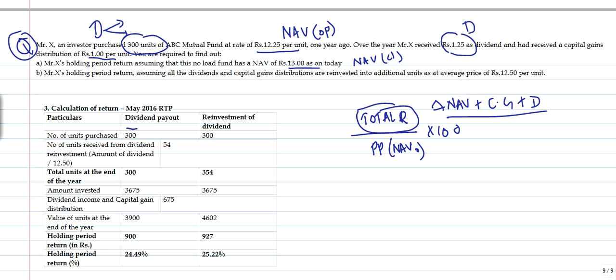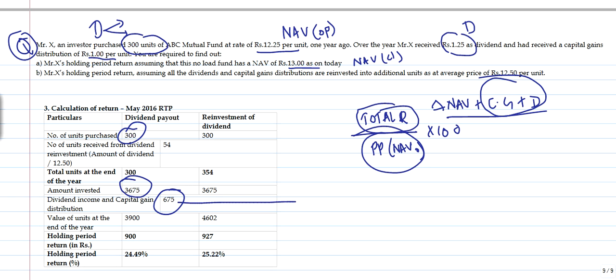Here it is 300 units, amount invested 3675. The capital gain and dividend come to 1 rupee plus 1.25. That is 1 plus 1.25 into 300, you will get 675.